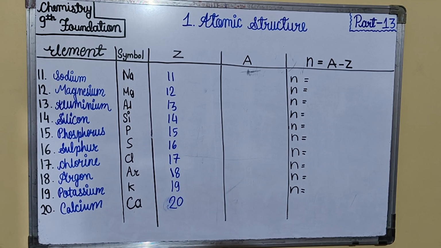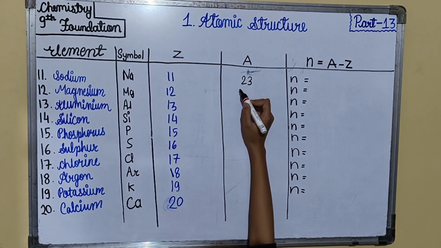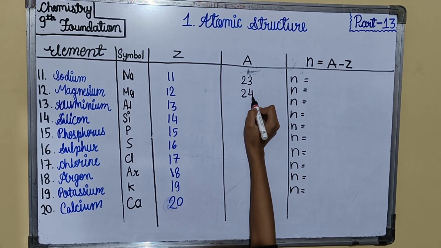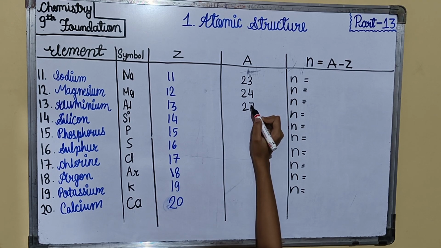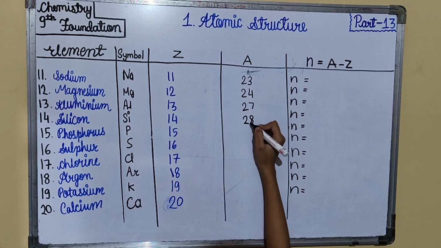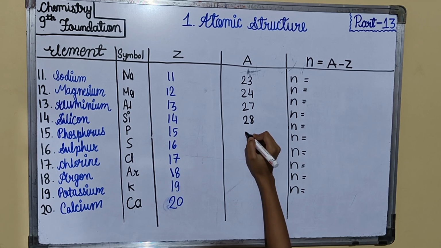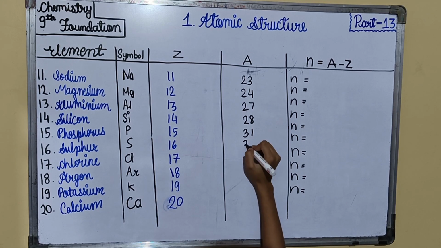Atomic number of calcium is 20. The mass number of sodium is 23. Mass number of magnesium is 24. Mass number of aluminium is 27. Mass number of silicon is 28. Mass number of phosphorus is 31. Mass number of sulfur is 32.